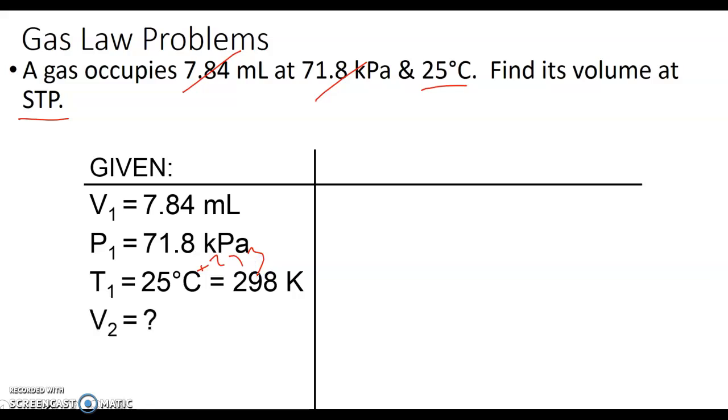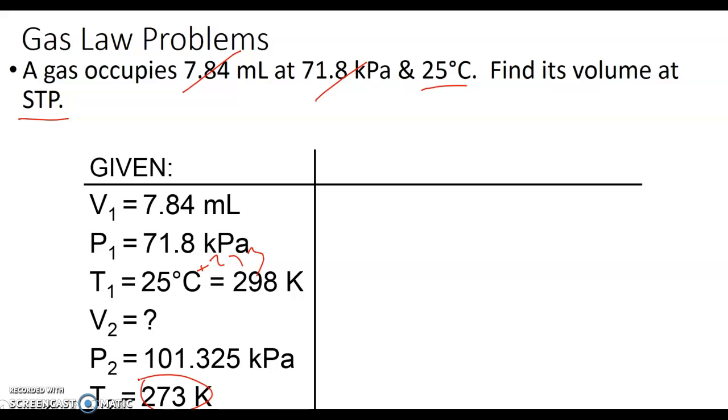And this says, what is our volume 2? So we need to find our volume 2. And then our pressure 2 says at STP. Now remember, STP tells us that 273 is our standard temperature, and our standard pressure is 1 atmosphere.